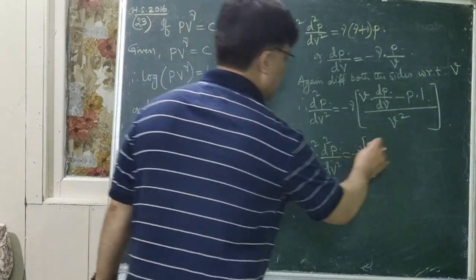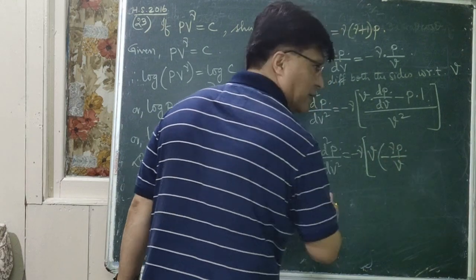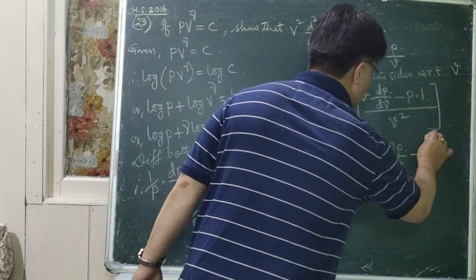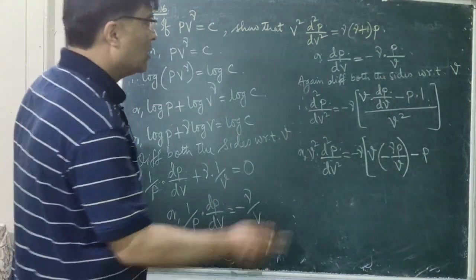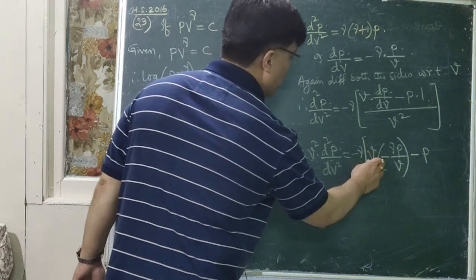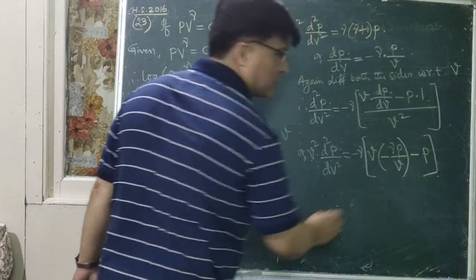So dp by dv here is minus gamma p divided by v. Then minus p into 1 is always p. So I think you have understood it. So we have put the value for dp by dv, which is equal to minus gamma p by v, bracket closed, then minus p. Here third bracket is closed.